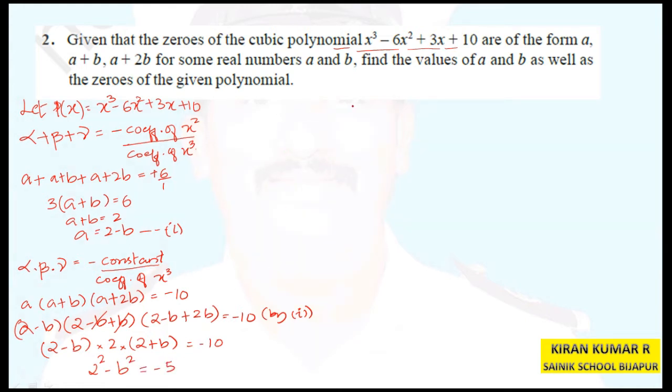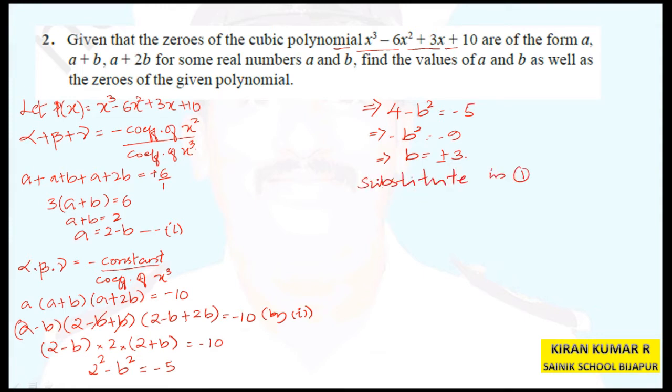Let me continue this step here. We have got 4 minus b squared equals minus 5. This implies b squared equals 9. This implies b value is plus or minus 3.